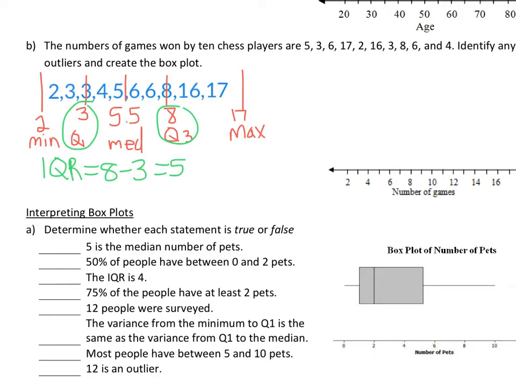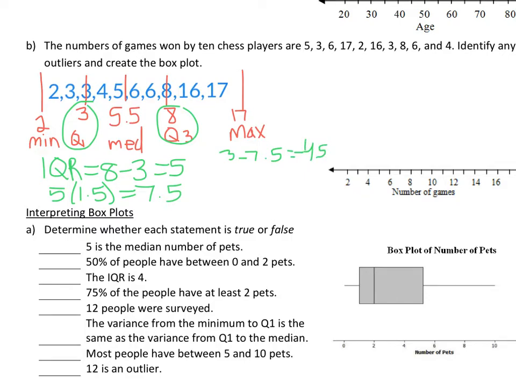Now to determine if there are any outliers, what we need to do is take that interquartile range and multiply it by 1.5. When we do that, we get 7.5. Take this product, subtract it from quartile 1, so 3 minus 7.5 gives us negative 4.5.